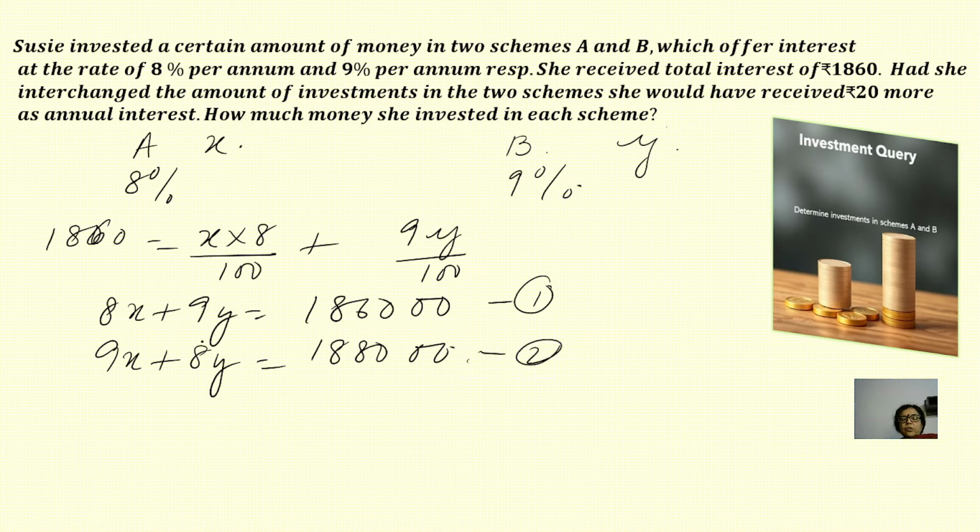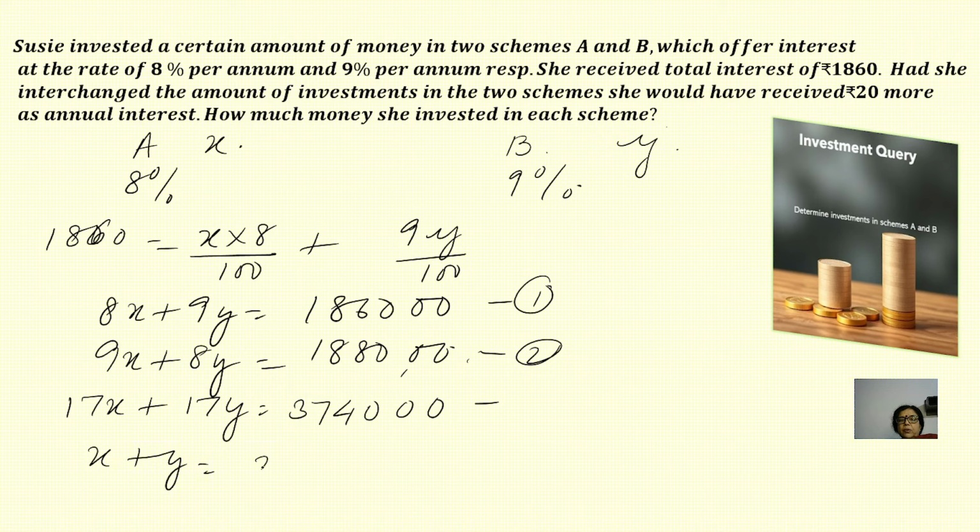Now again you notice here, of course we can do it by simple multiplication and eliminating, but again we get here 8x plus 9y and 9x plus 8y. So if we add them up together, we get 17x plus 17y is equal to 374000, or x plus y is equal to 22,000.